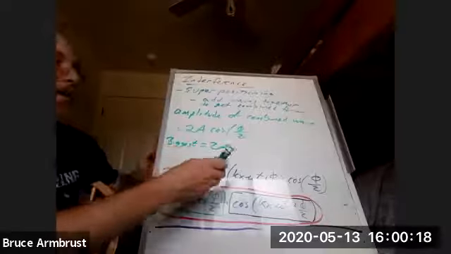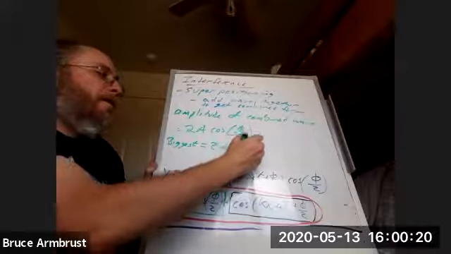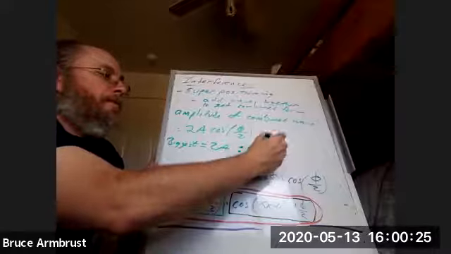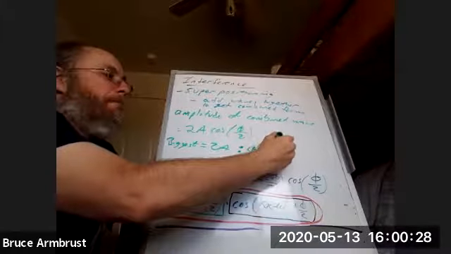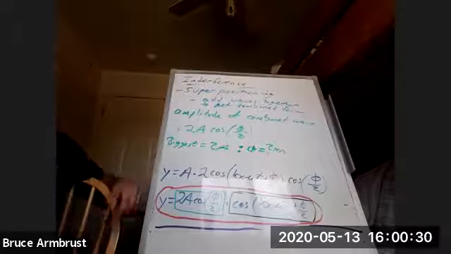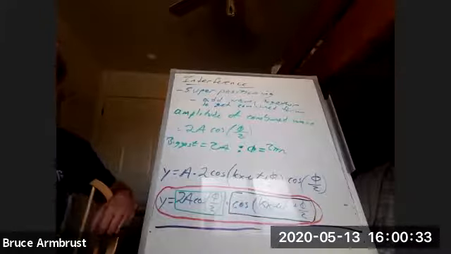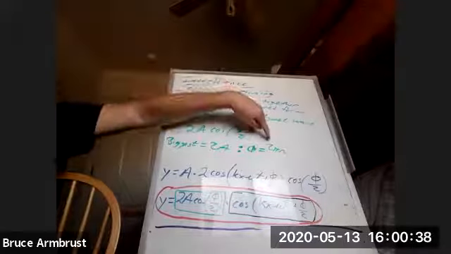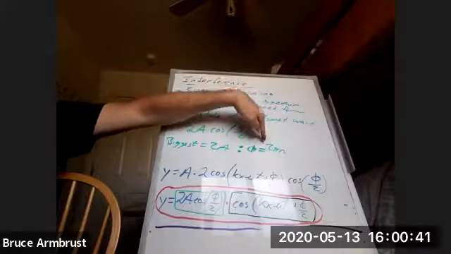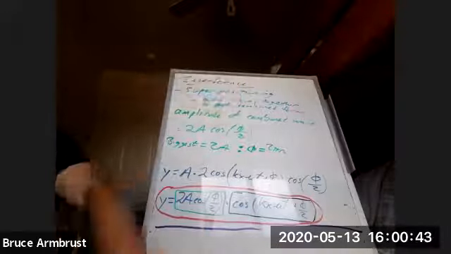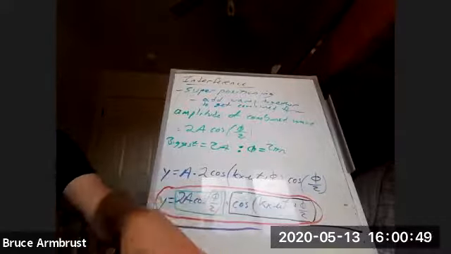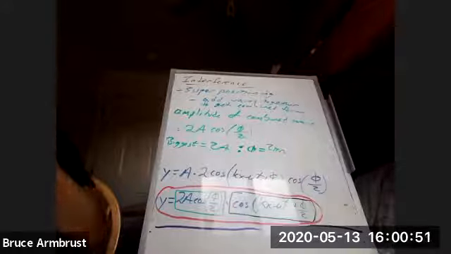We're going to get this biggest amplitude when phi is some multiple of 2 pi. Because if it's 0, obviously cosine of 0 is 1. If it's 2 pi, this is cosine of pi, which is negative 1. Okay, that's fine. It's just inverted, but it's still going to be our biggest.